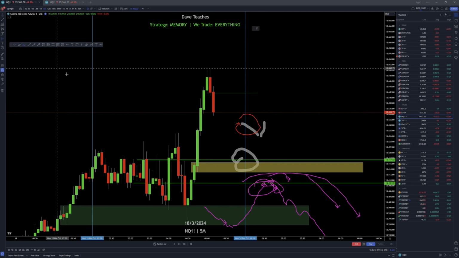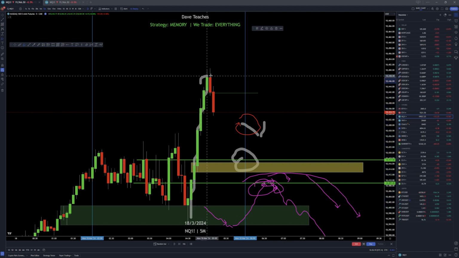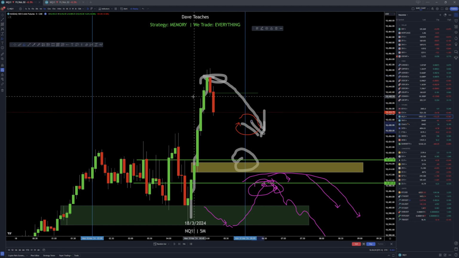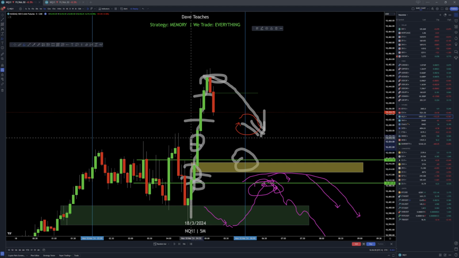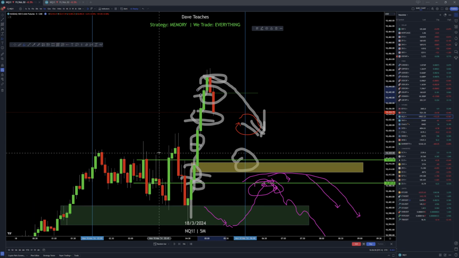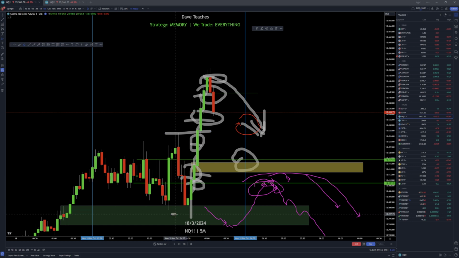And rule of thumb, when you see stuff like this run higher, and then we begin to move back the other way, stop using these imbalances inside of here. You have 5 imbalances: 1, 2, 3, 4, 5. Stop using these imbalances inside of here to frame a trade idea around. Wait for price to get back into your zone.